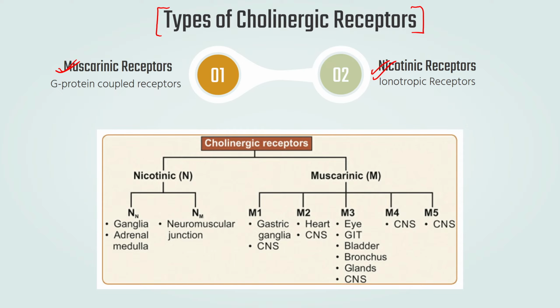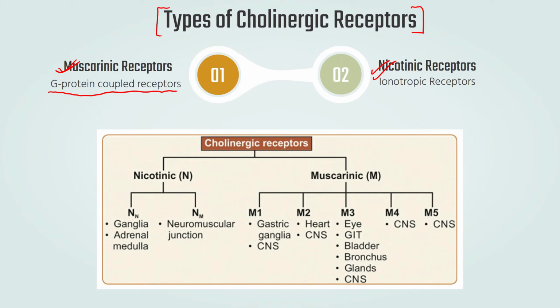Muscarinic receptors are G protein coupled receptors, which means the receptor will be coupled to a G protein and then further cascade reactions will take place. You just remember this for the moment. Muscarinic receptors are G protein coupled receptors, and nicotinic receptors will be ionotropic.